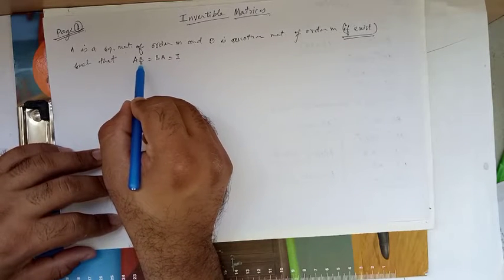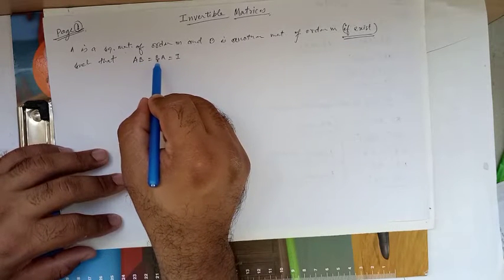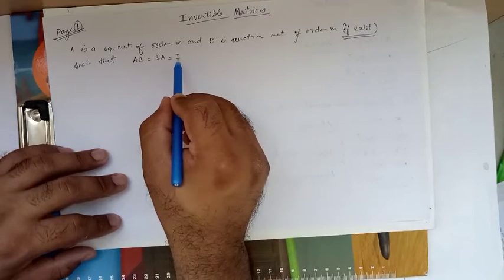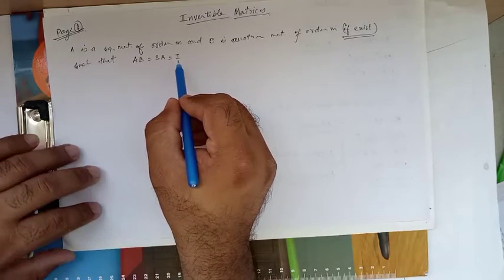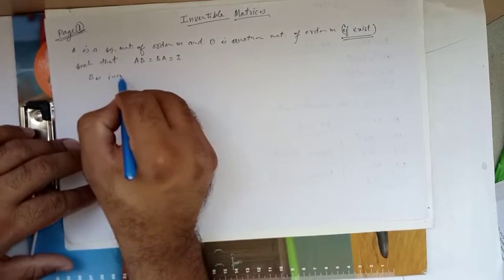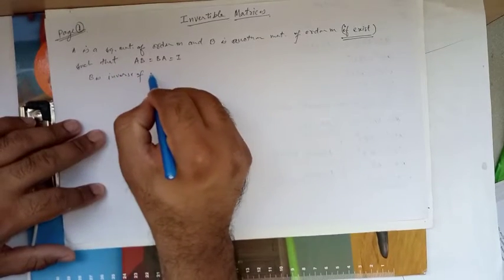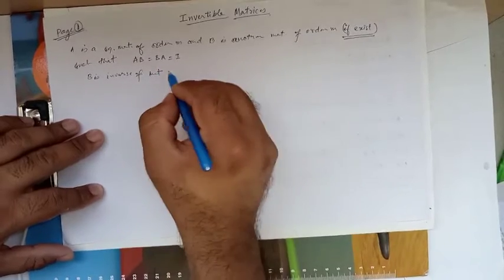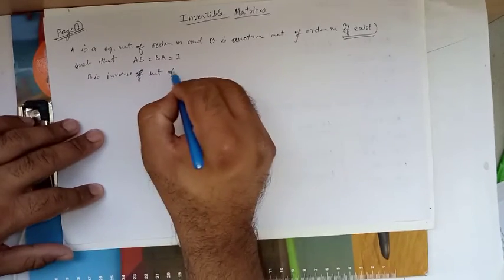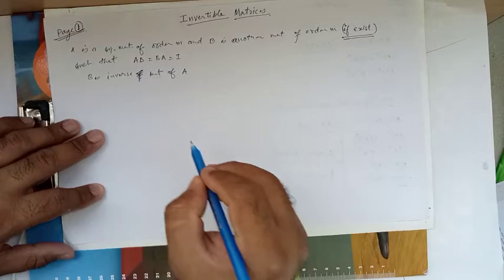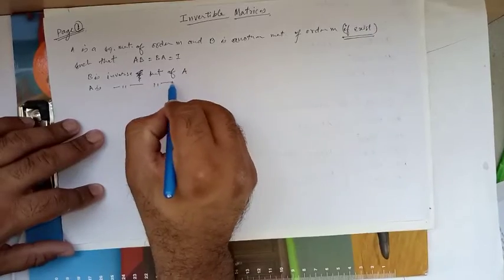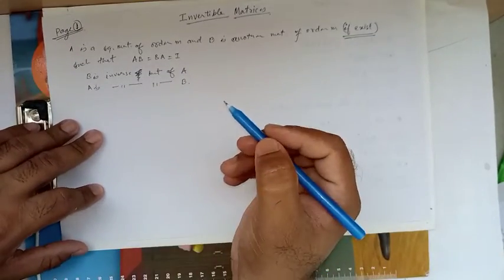In AB we are multiplying A and B, and in BA we are multiplying B with A. So the order does not matter, but what matters is that we are getting I. So in this particular case, B is the inverse matrix of matrix A. Similarly, we can also say that A is the inverse matrix of B. So it is vice versa.